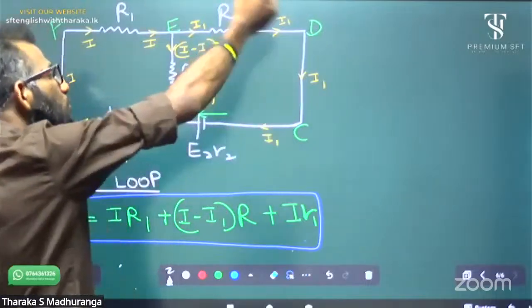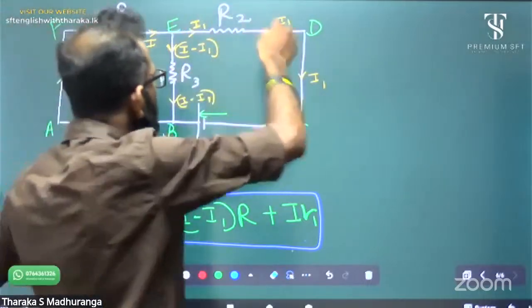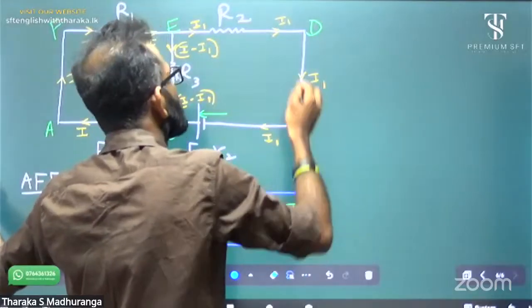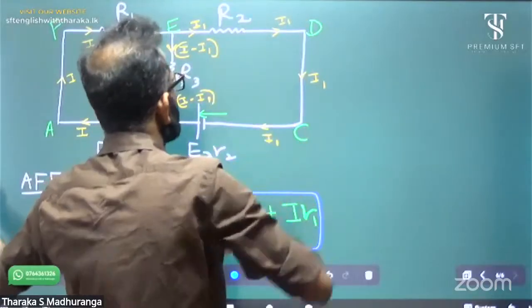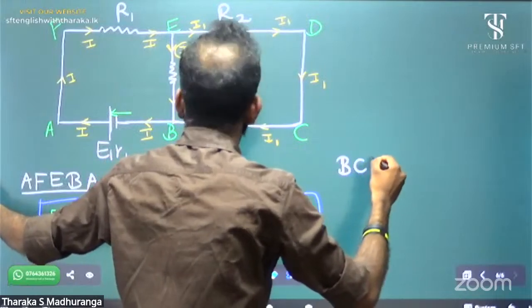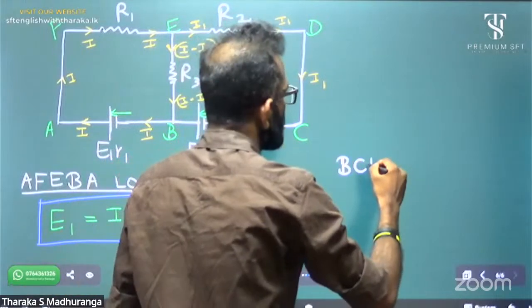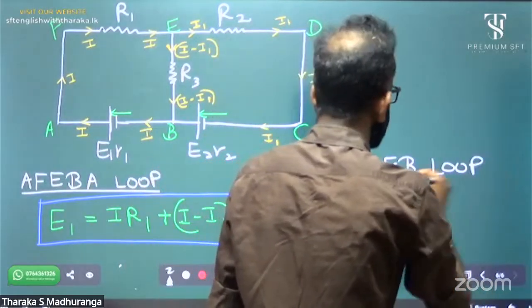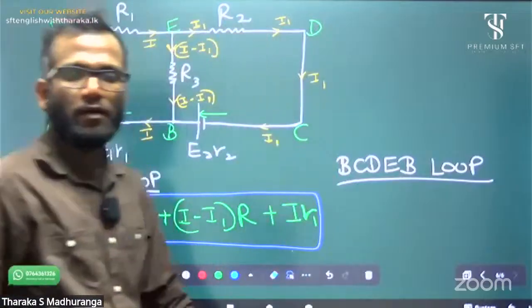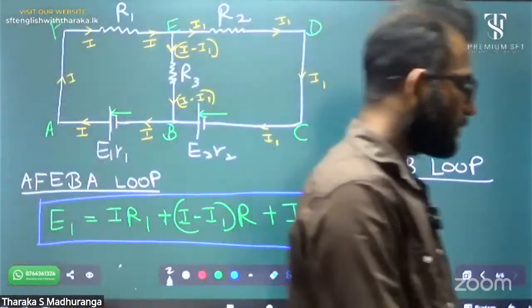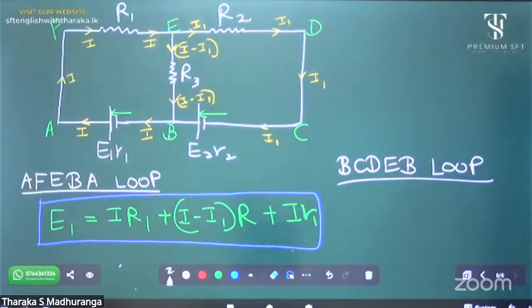I'm going to use the loop B, C, D, E, B. Okay, I can give you 2 minutes. You can try the Kirchhoff second law application.